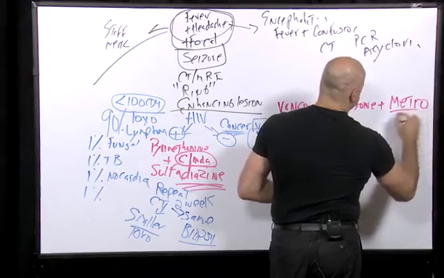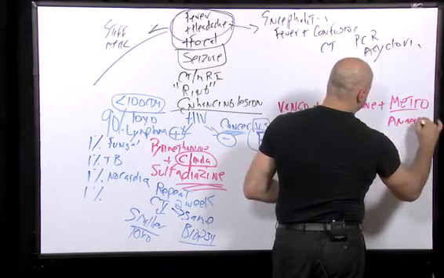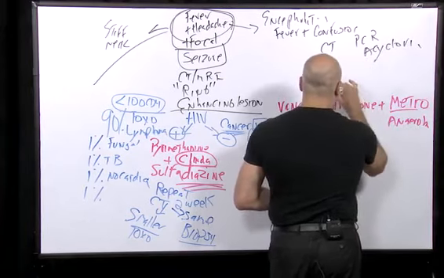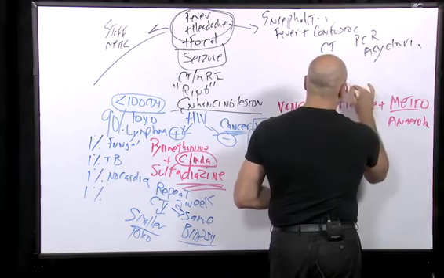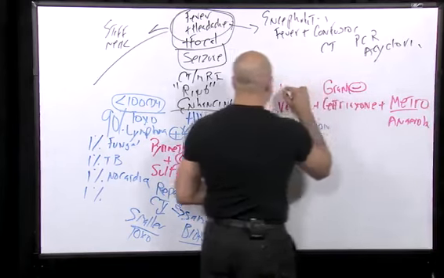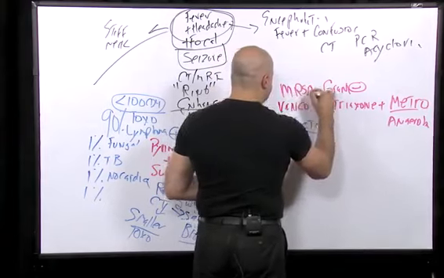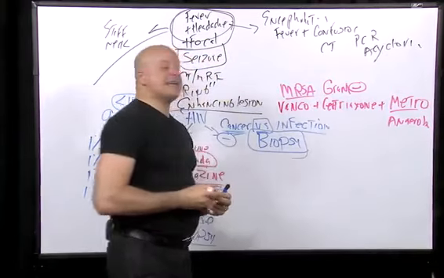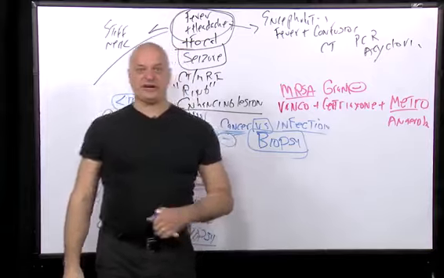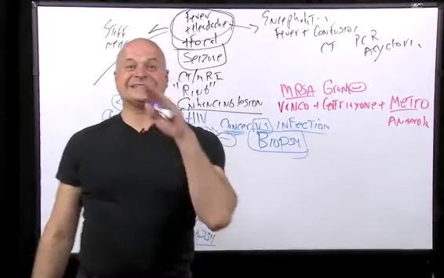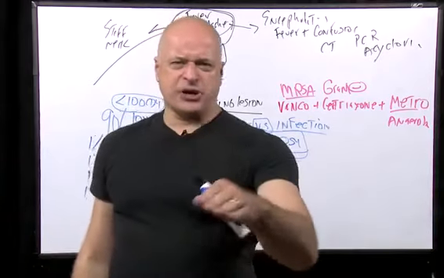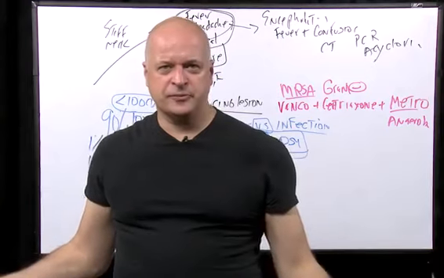I'm going to give metronidazole for anaerobes. I'm going to give ceftriaxone or quinolones for gram negatives. I'm going to give vancomycin for staph and MRSA. And you might say that's pretty awesome empiric coverage, and that'll kill everything. And it's not true. If it's tuberculosis, it won't cover that, will it?